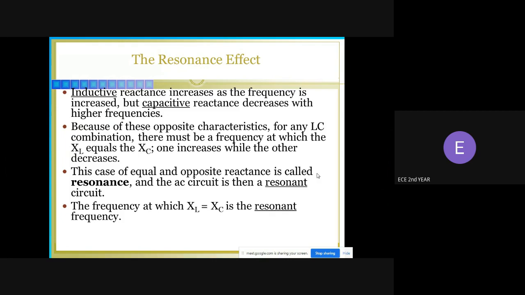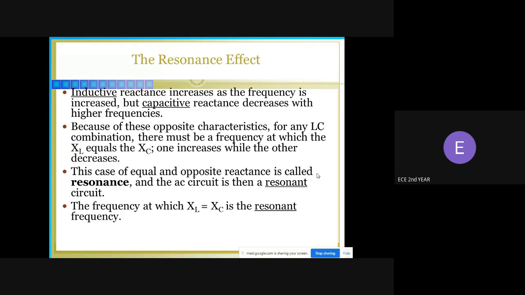If we vary the frequency, the inductive and capacitive reactances will vary. But at one particular frequency, the XL value is equal to the XC value, and that is called the resonant frequency.